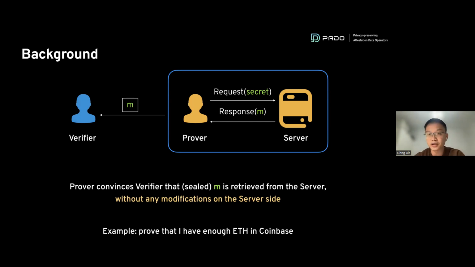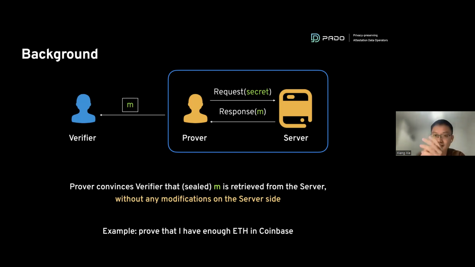And the key point here is that we cannot modify the server side, because it's impossible in real life to change the server for these very special applications. And more importantly, we want to prove any kind of data for any kind of server.